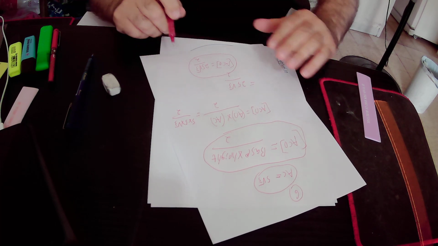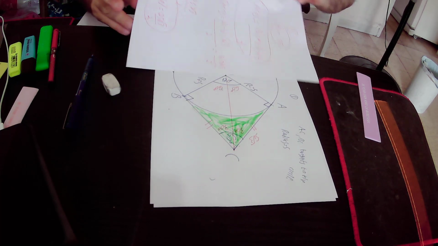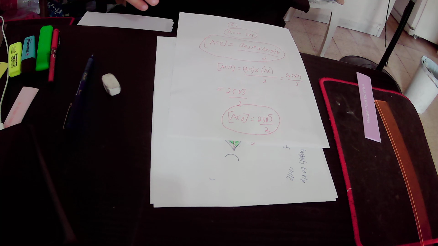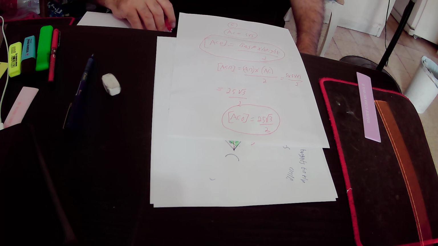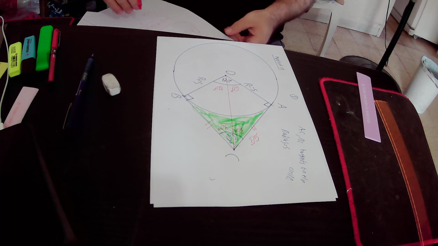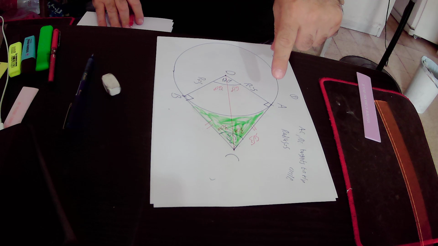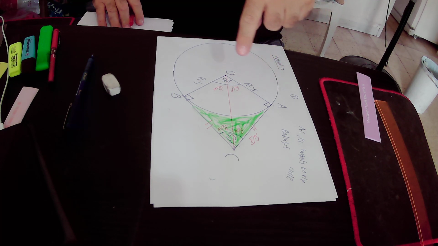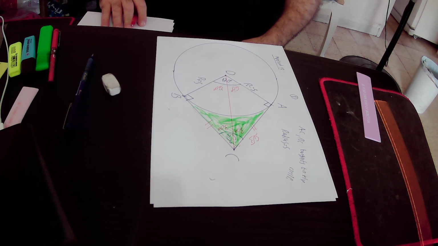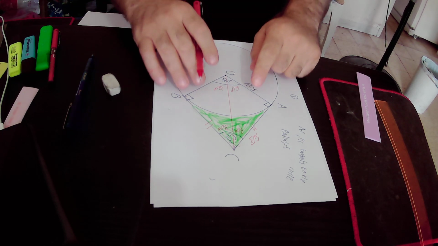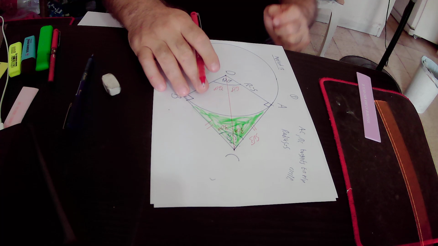Okay, the area of triangle ACO equals 25 times root 3 over 2. But because of the fact that triangle ACO can go into triangle BCO, the area of those two triangles must be equal to each other.